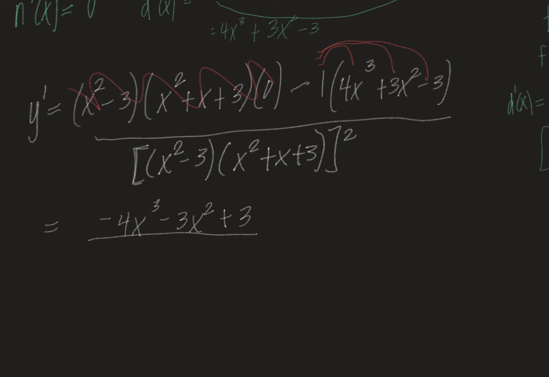Really, you can leave it like this, the denominator, or you can call it x squared minus 3 squared and x squared plus x plus 3 squared. I don't care how you leave that denominator. Nothing really factors from here, and so nothing crosses out, and you're completely done.